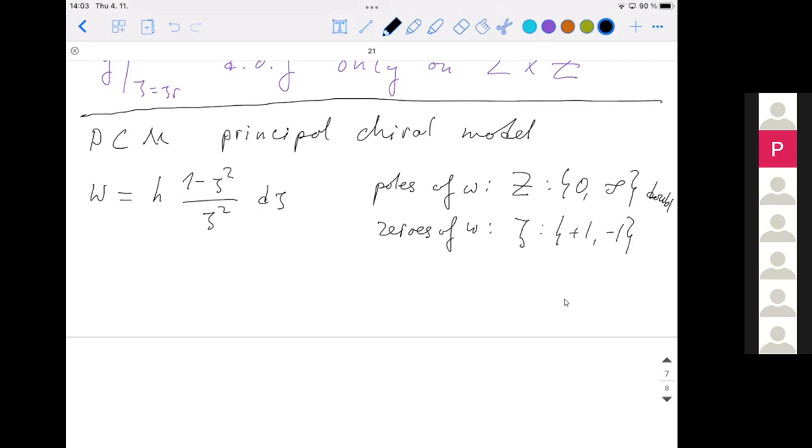Oh, also, there are reality conditions that one needs to put, namely, like this, so that if you put this, then in the end your action will be real, I think.